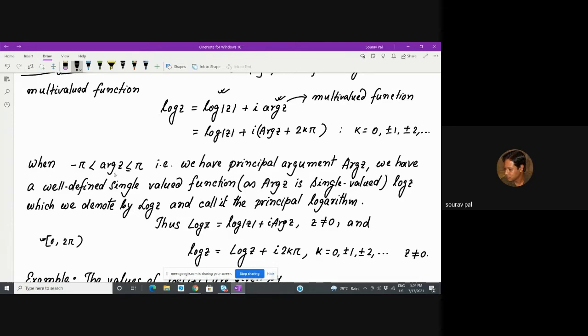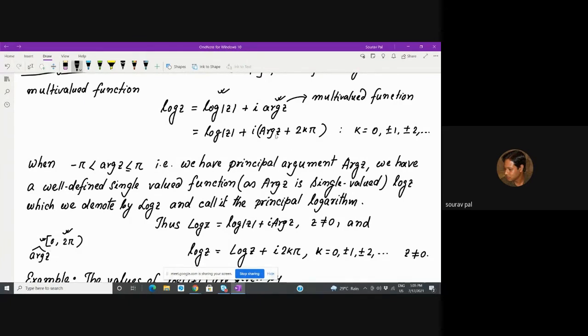If you give it a name, say arg z hat, just a name, when argument lies here, then you can define log z accordingly.